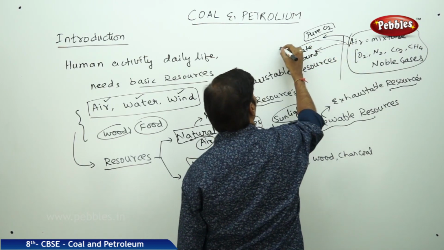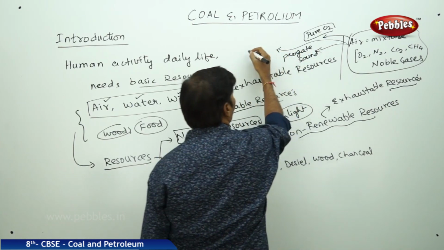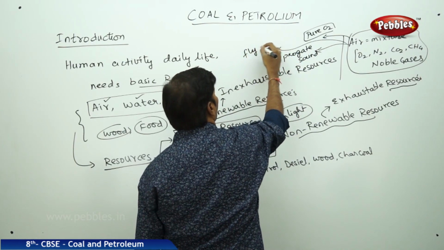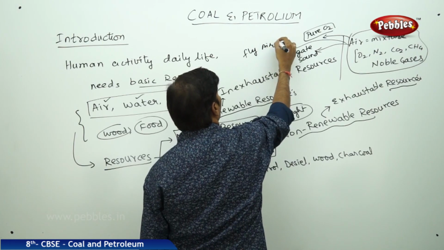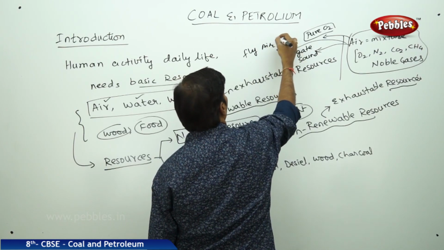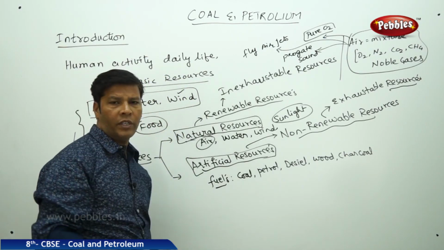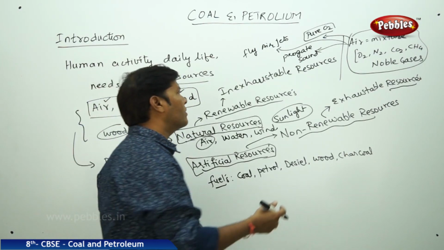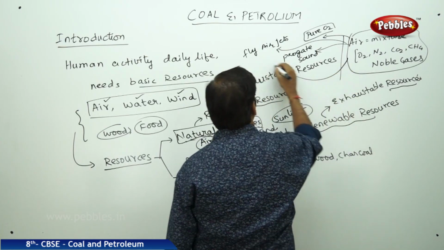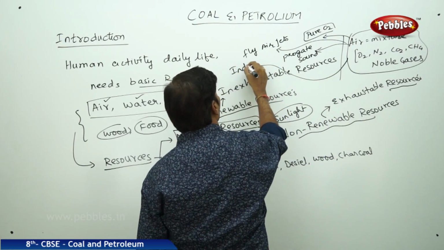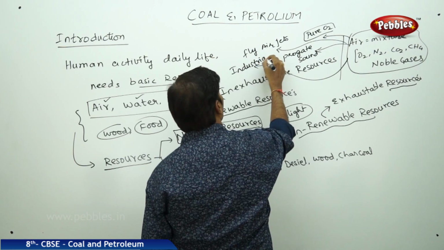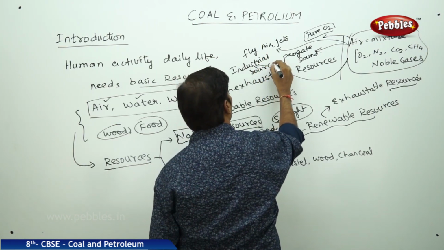Air is used to fly air jets, and to carry out various metallurgical activities. It is also used in metallurgical industries. It is also used as an industrial source.